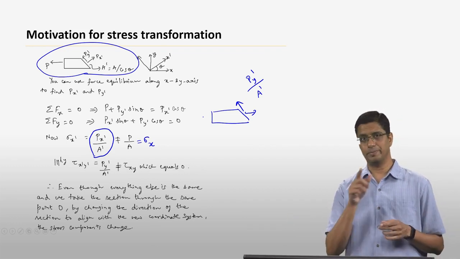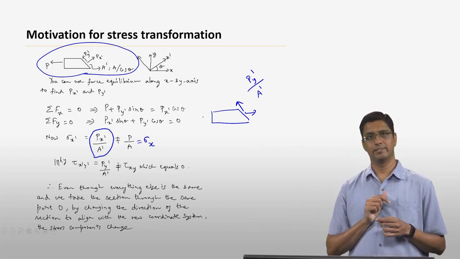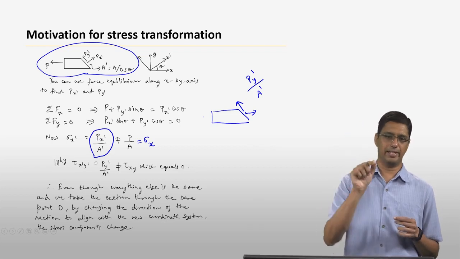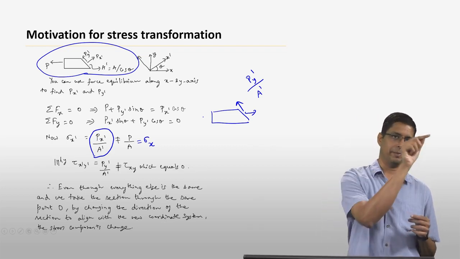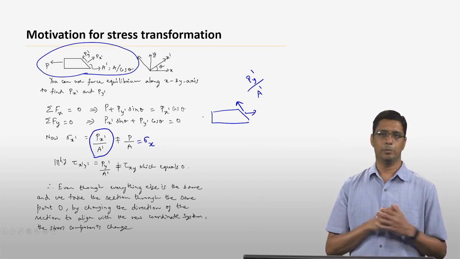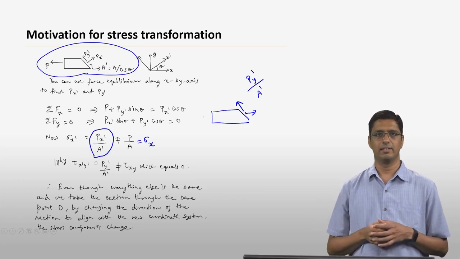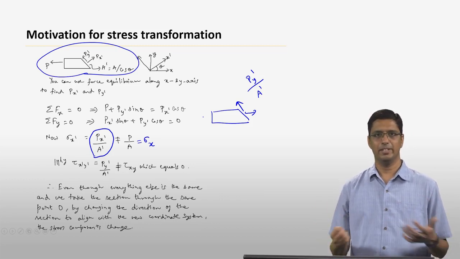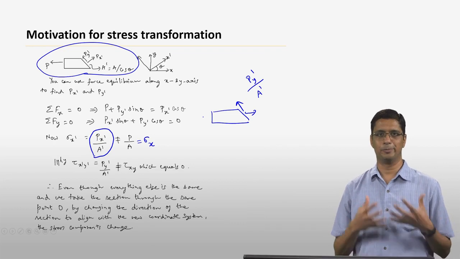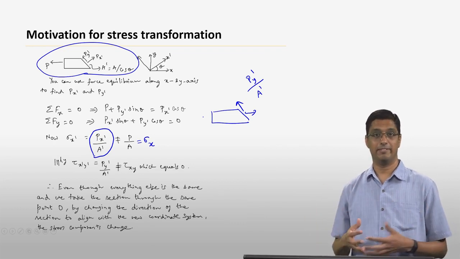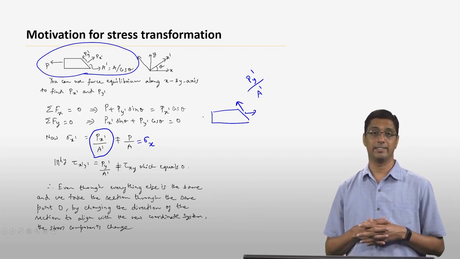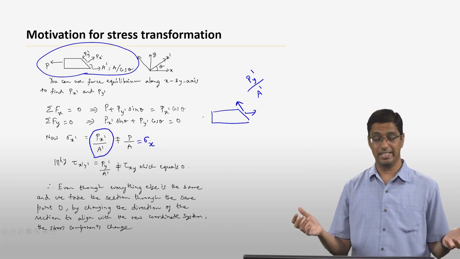I choose my x to be this way, y to be that way. You choose your x prime to be this way, and y prime to be that way. Both of us are going to get different answers. How can we determine whose answer should be used for figuring out whether this body is going to break or going to yield?